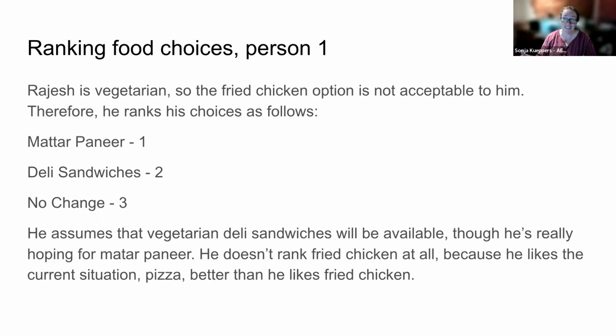It's not actually essential that he rank no change third. He could just leave his third choice blank. So anyway, he's really hoping for mutter paneer. He doesn't rank the fried chicken at all, because he likes the current situation, pizza, better than he likes fried chicken, obviously, since he's a vegetarian.